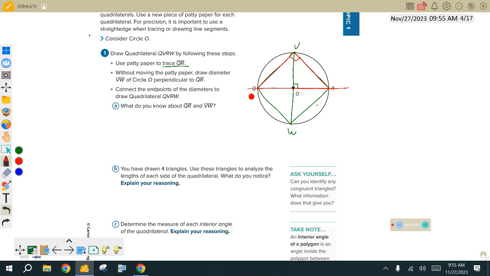Half of 180 is 90 degrees. Now we can play that game all over on the other side. This angle W down here, doesn't it do the exact same thing? This is an inscribed angle. Isn't that part of a semicircle up here? Half of 180 is 90.